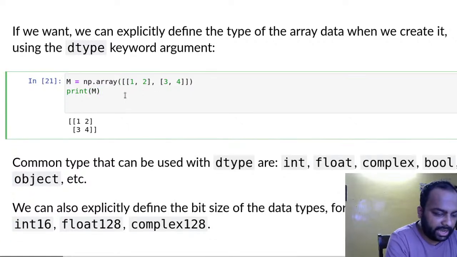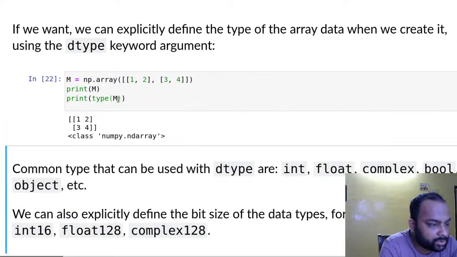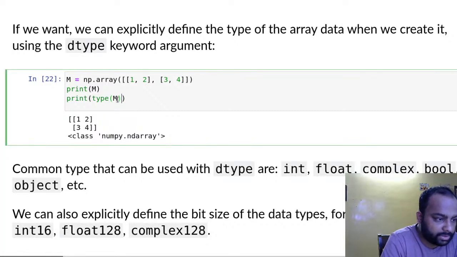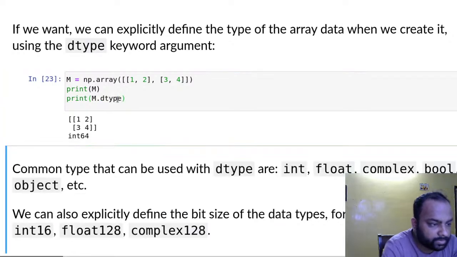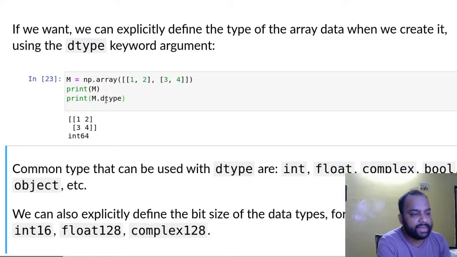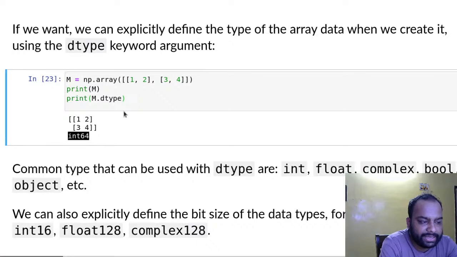So let me just print the type of m dot dtype. Of course, m is an integer array, because every element here is a 64-bit integer.